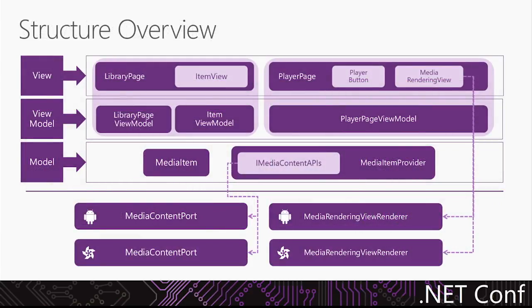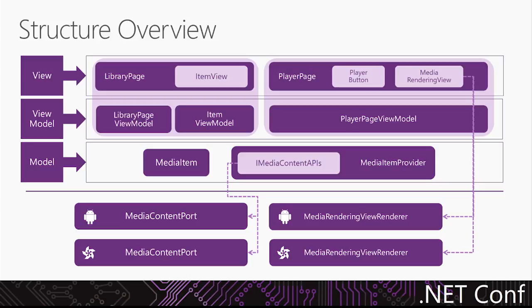The structure of this particular application follows a typical MVVM model. There are two primary pages: one is the library, and the other is the play page. There's a view model supporting each page, and there are models.